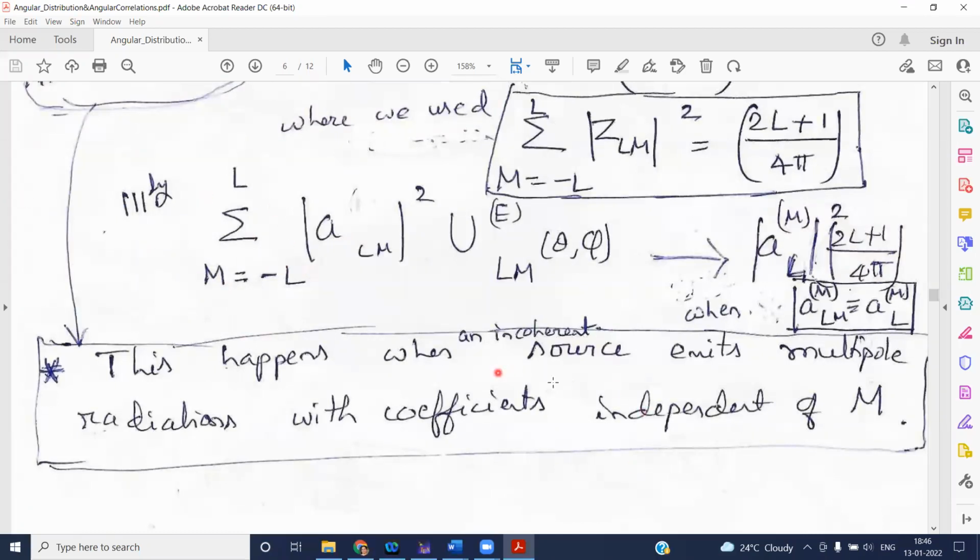If I have an incoherent source, even if I measure the angular distribution at different angles, it is the same. It doesn't change with angle. Though my theory says the angular distribution should change in all directions, when I have an incoherent source, it naturally gives a summation over m from -L to +L, because I don't know the m value.